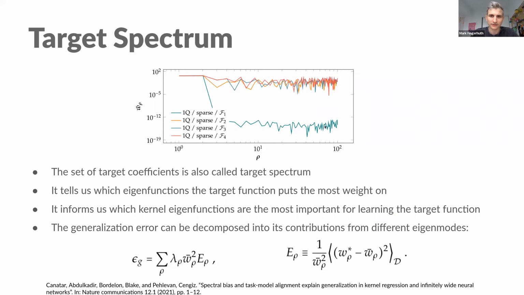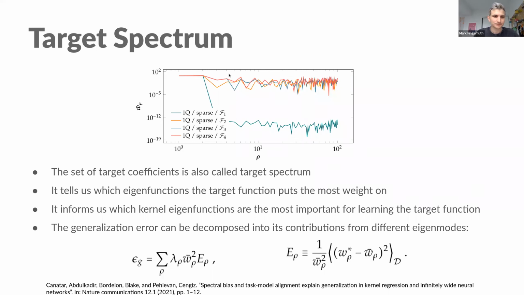For example, in this teal colored case, we can see that these target function weights W tend to be very high for the low eigenmodes, and then they drop off quite steeply and become very small. This means that these first couple eigenmodes of the kernel are really important, whereas in these other cases, we have almost a uniform distribution over these target function weights.